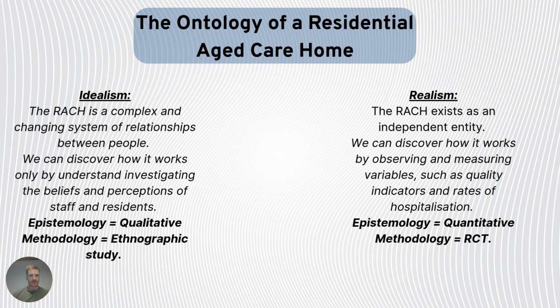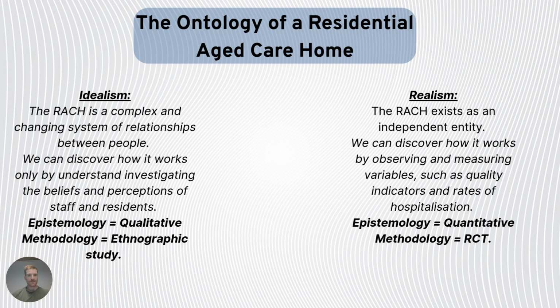So if we look back at the broader ontology of a residential aged care home, if we're going to take an idealist ontological approach, it would suit qualitative methodology or interpretivist epistemology, or qualitative epistemology.